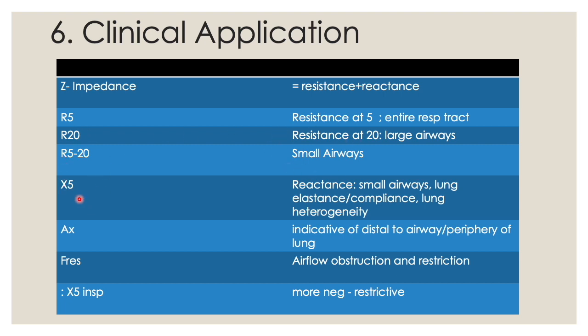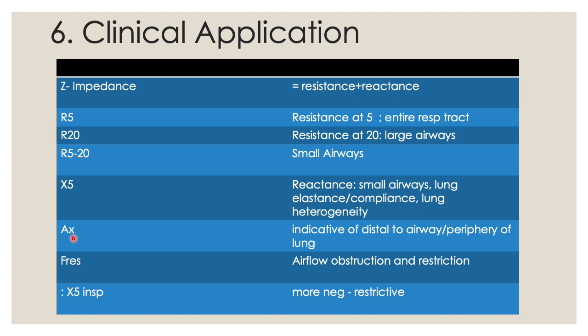The reactance talks about the lung elastance, the lung compliance, and the lung heterogeneity, and it also talks about small airways. The area under the reactance curve, AX, indicates what is happening distal to the airway, in the periphery of the lung, and if the AX increases, shifts towards the right, we know that we are going towards an abnormal value.